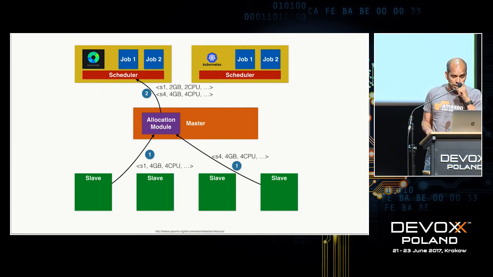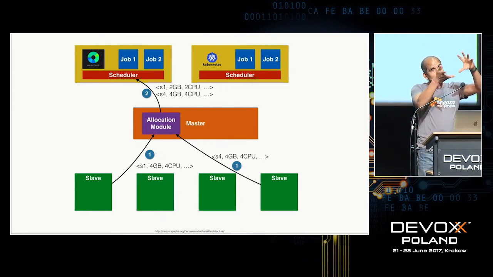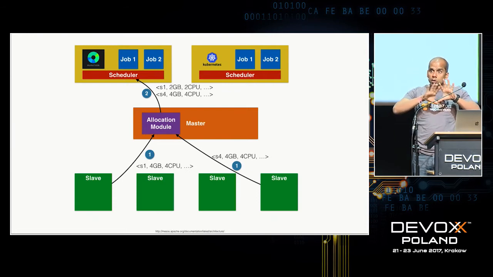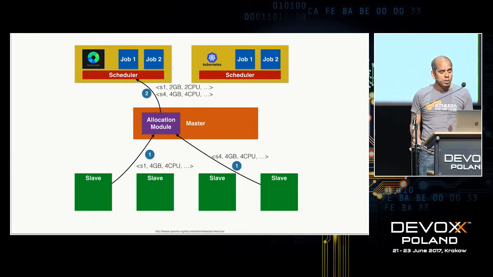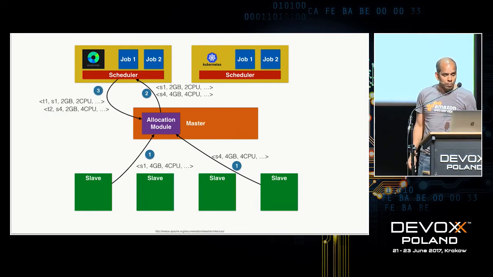And now notice it's not making the full offer as is. It's not just a pass-through. The master may decide to offer only whatever is available or whatever it wants to offer. It could do time sharing between different frameworks. So for example, in this case, it's just passing 2 GB and 4 GB from 2 different offers, essentially.